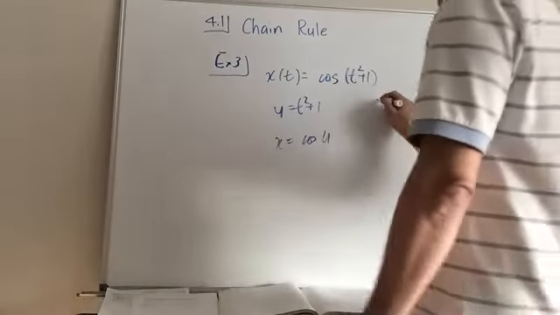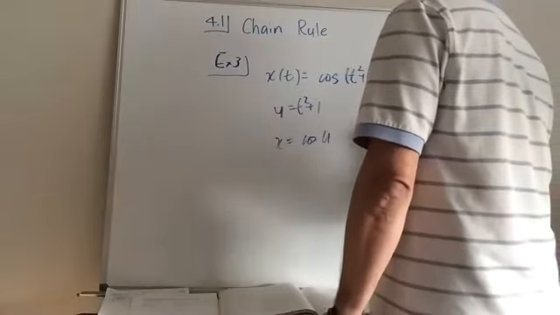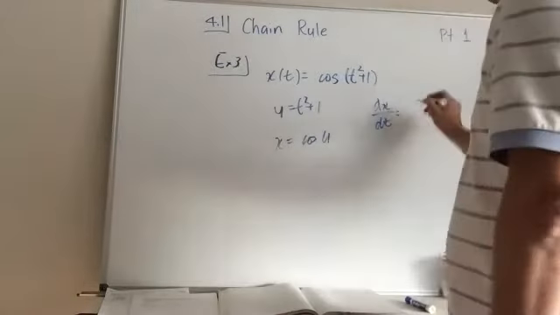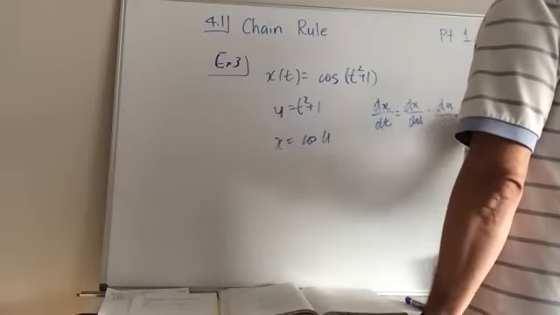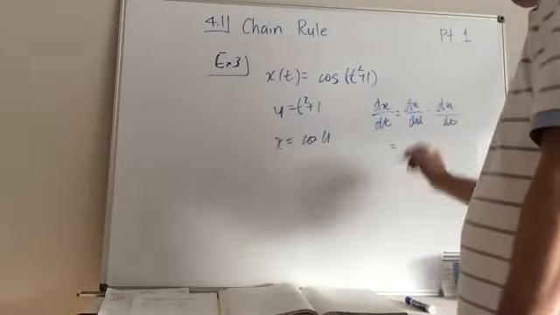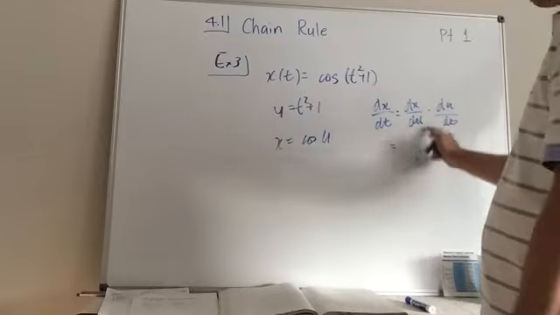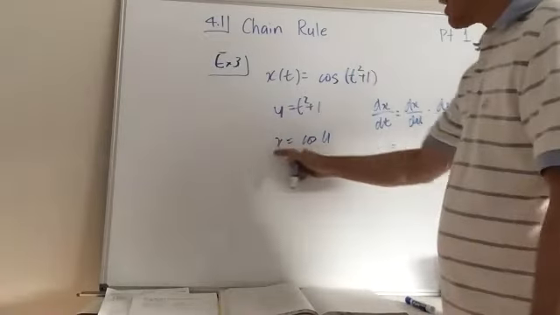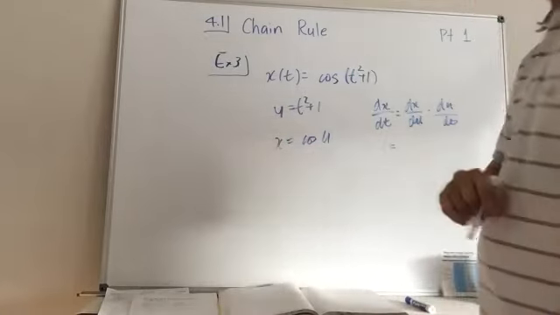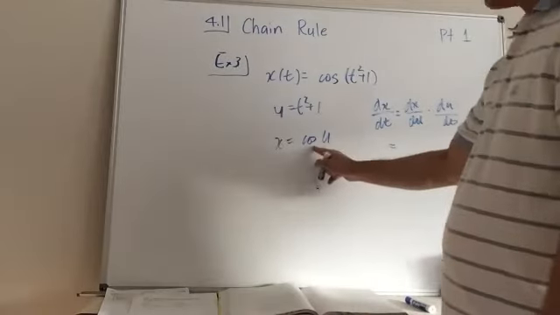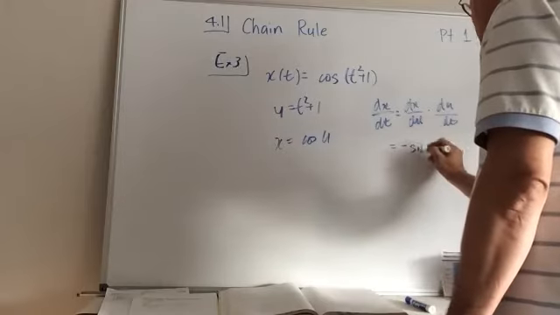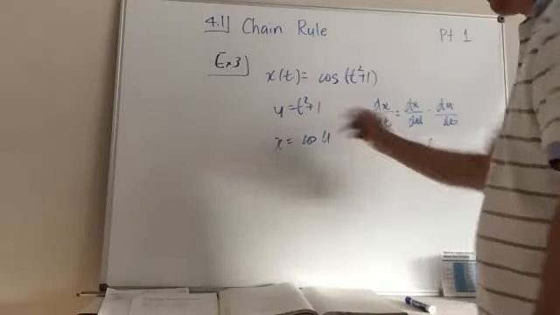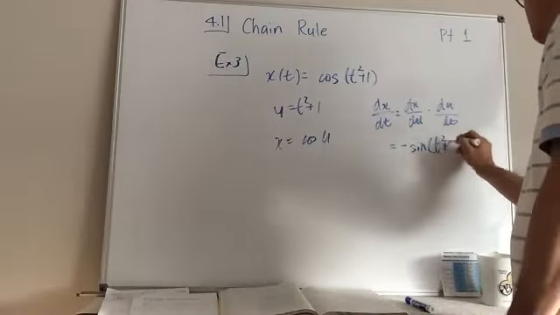What am I trying to find? I'm trying to find dx/dt. So this is going to be the same as dx/du times du/dt, right? For dx/du, I take the derivative of cosine with respect to u, which is negative sine u, where u was t squared plus 1.